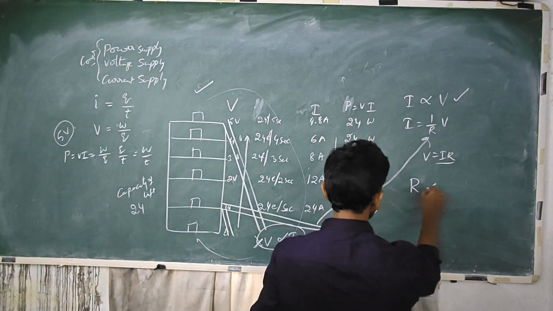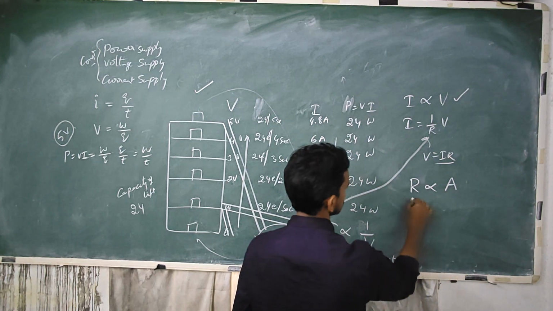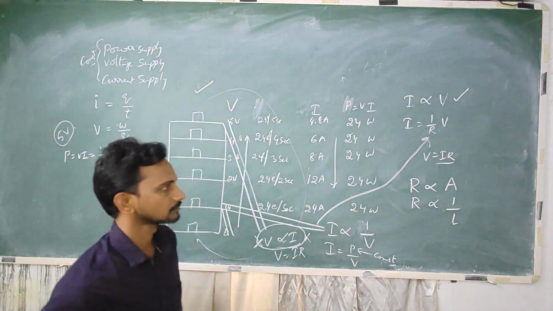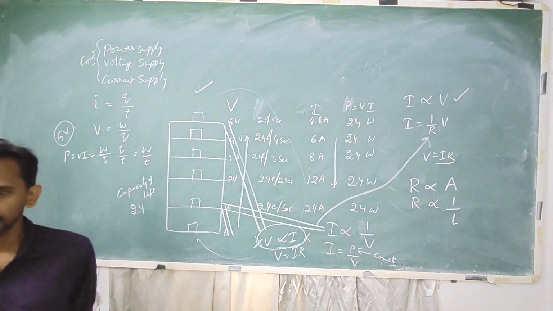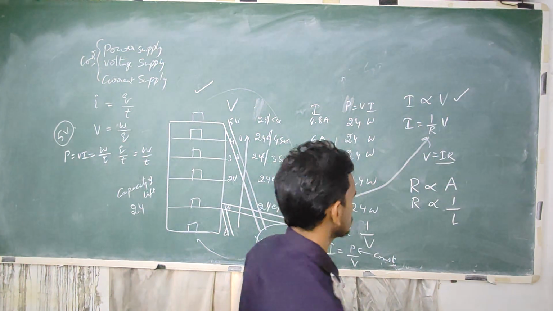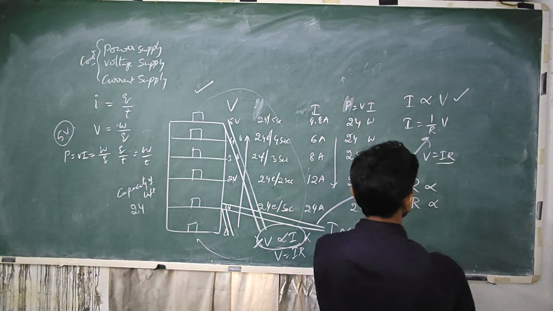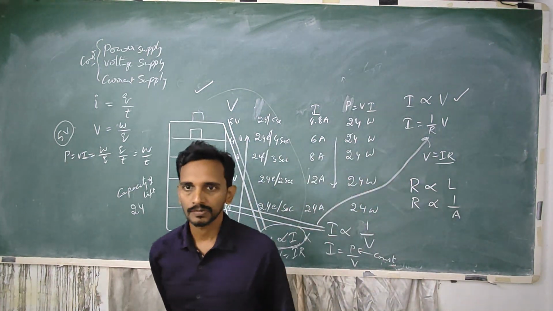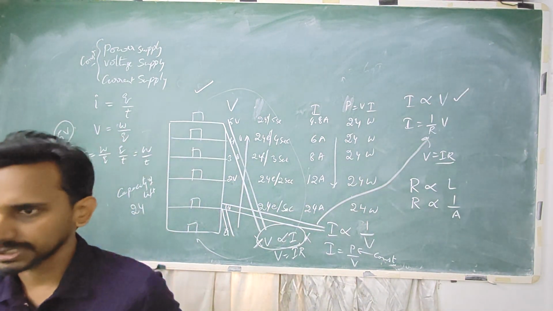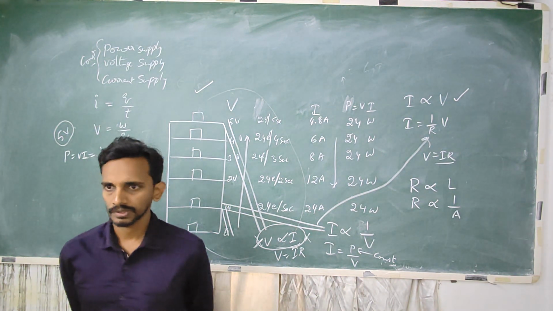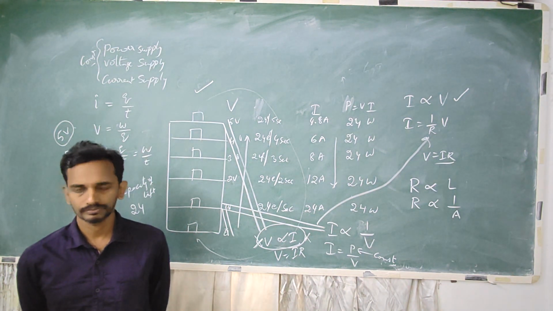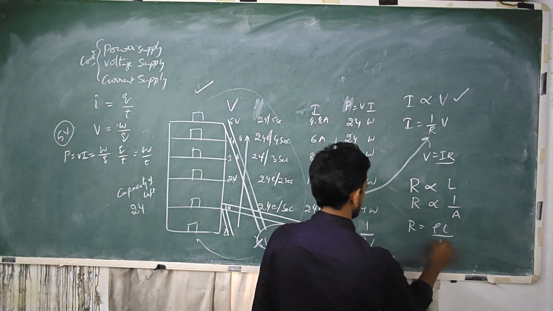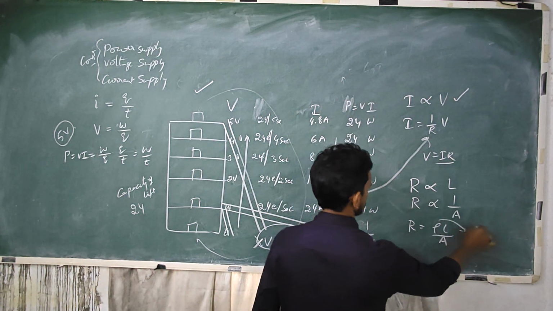So this resistance is inversely proportional to area of cross section. Now, the resistance is proportional to length. The more the area, the less the resistance. The more the length, the higher the resistance. This R is equal to rho L by A, and rho is called the specific resistance.